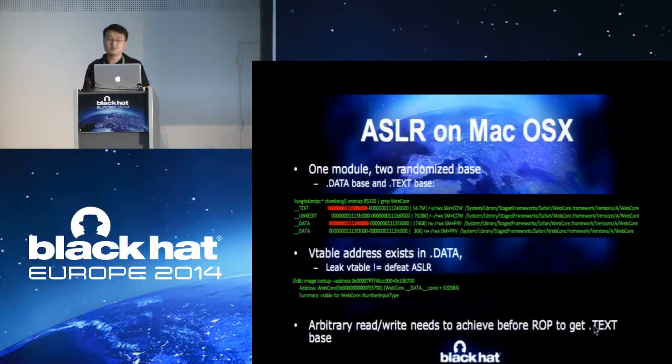However, on macOS, the ASLR is much stronger, because each module has two independent bases, one for the data and one for the text. This indicates that if you leak the vtable, it doesn't mean that you defeat ASLR, because you have to leak another base, which is the text base, so that you can perform a ROP.